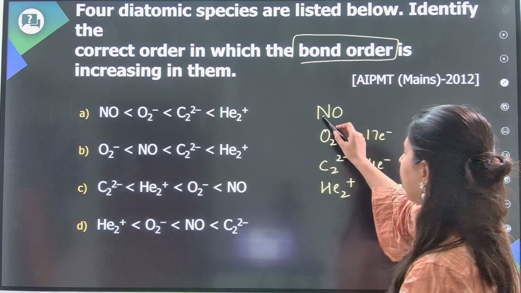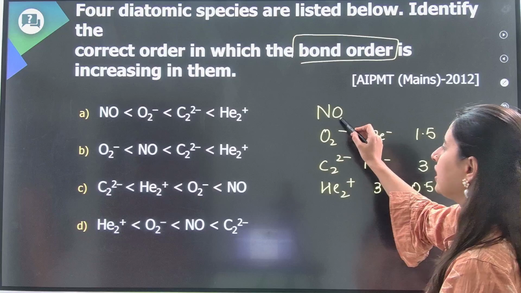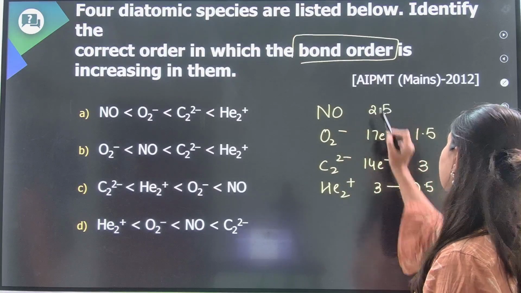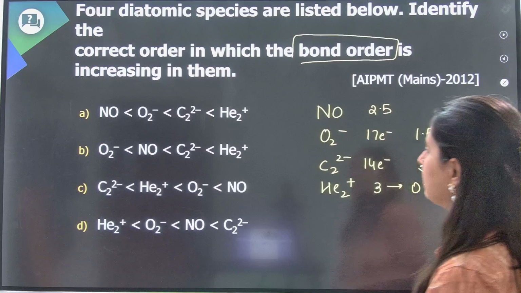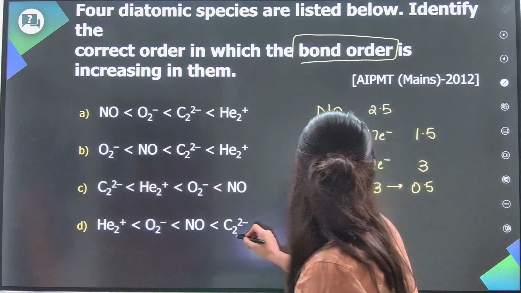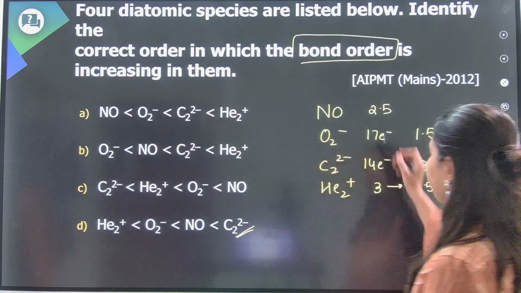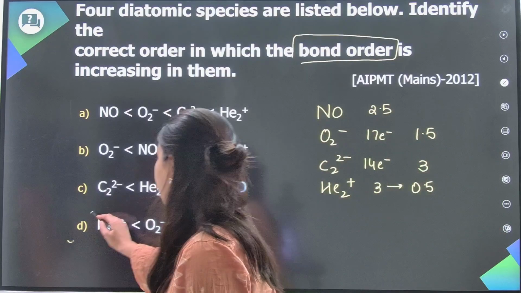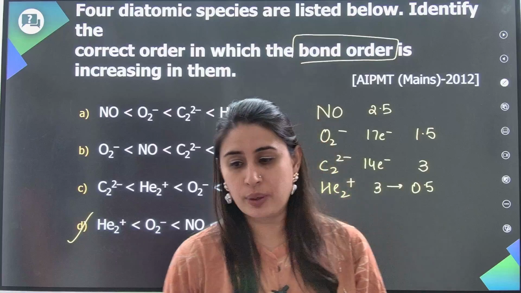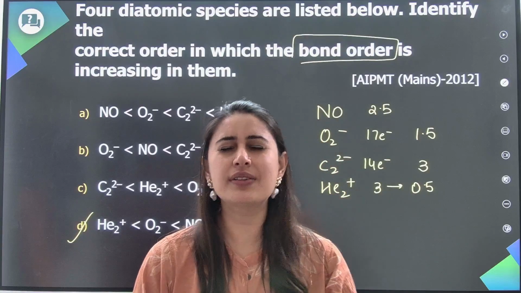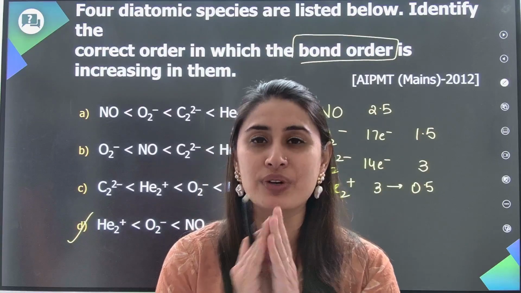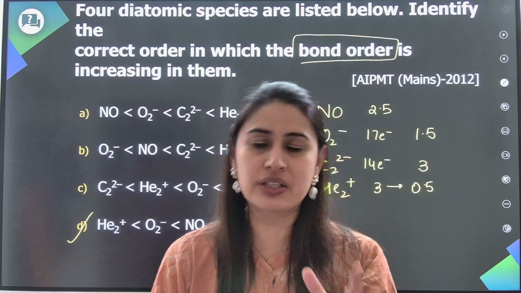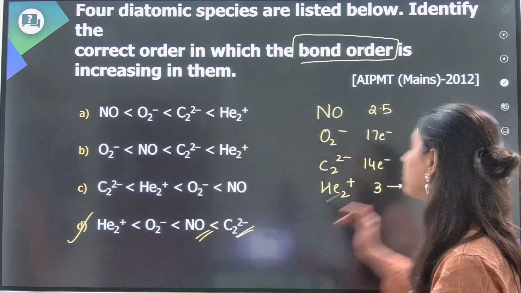NO: 8, 9, 10, 11, 12, 13, 14, 15. Please see, 15 electron system, 2.5. So highest is C2 2 minus. Then we have 2.5 NO. So clearly the answer is going to be option D. We can do it directly from the trick. The trick is going to be absolutely useful to you guys. You will be able to sail through questions very easily through this trick.